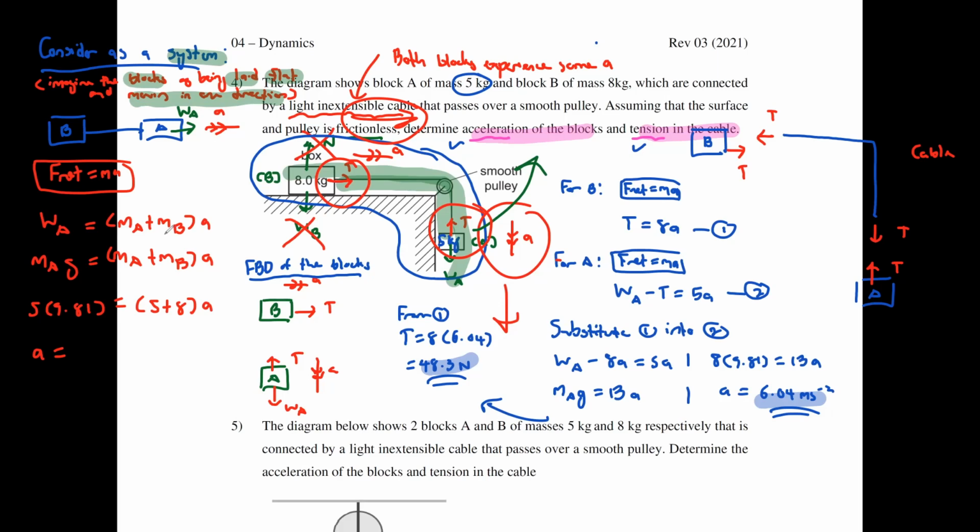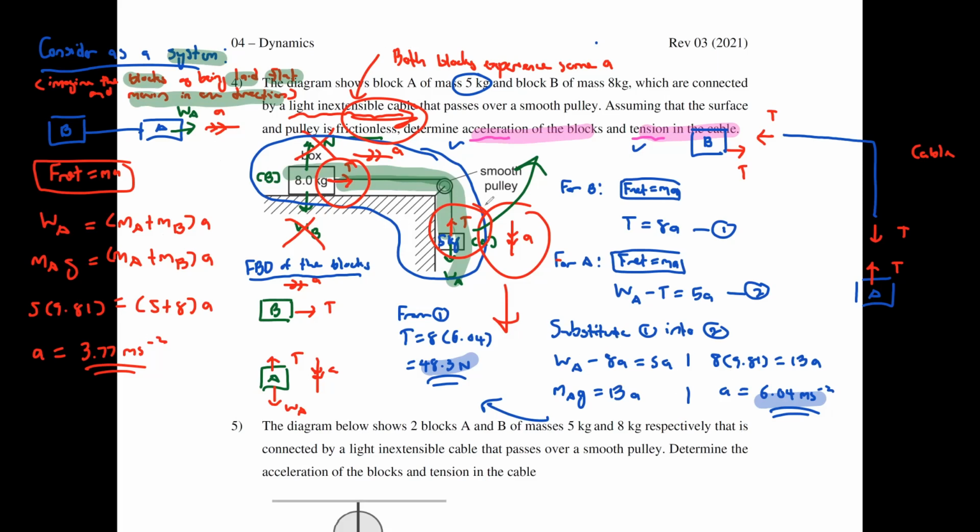Wait a minute. Did I do something wrong? Which block is A? There's something wrong with my working. Okay, wait. 5 times 9.81 divided by 13 is equal to 3.77 meters per second square here, right? It looks slightly different from what I have here, right?